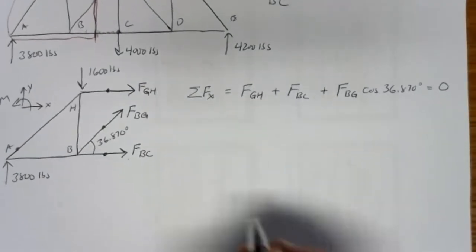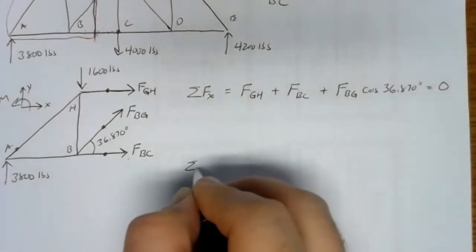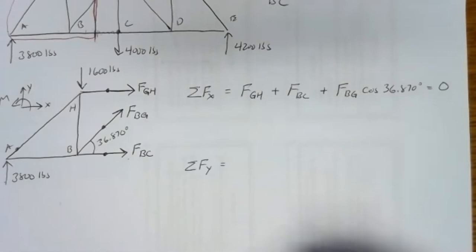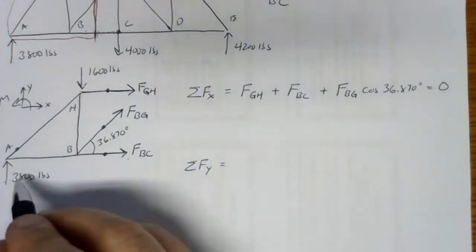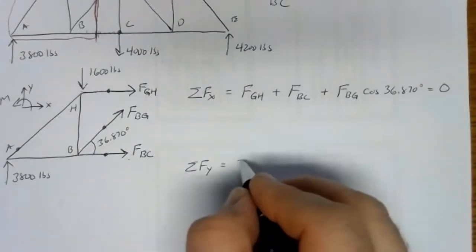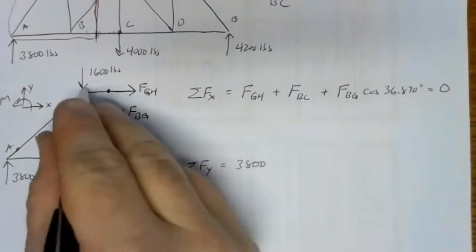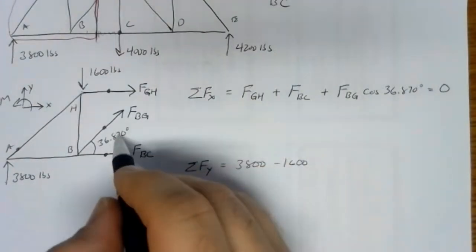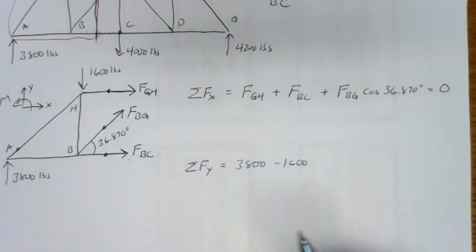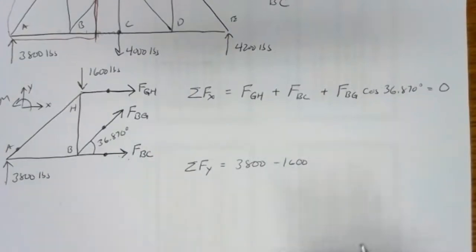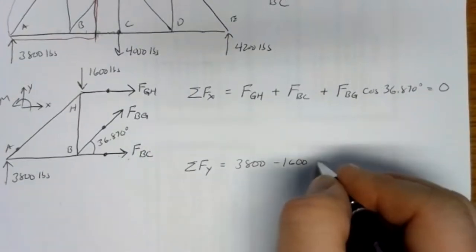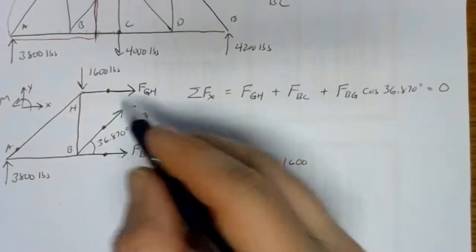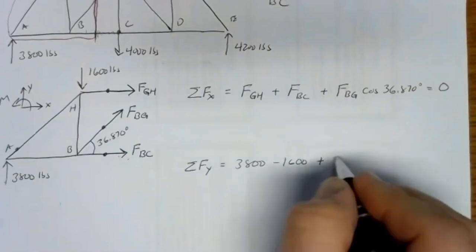Since that's our first equation, we'll take our sum of forces in the y direction. Well, in the y direction, we've got a positive 3,800. We've got a negative 1,600. And then we've got a piece of FBG. FBC and FGH are not going to come into play. That piece of FBG is up, so it goes into the sum positive.